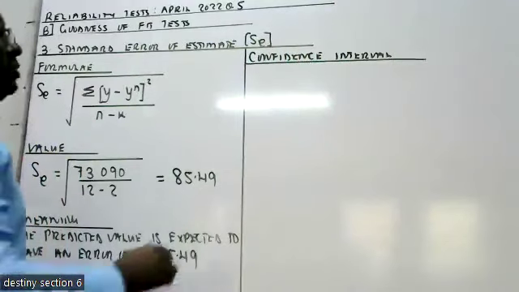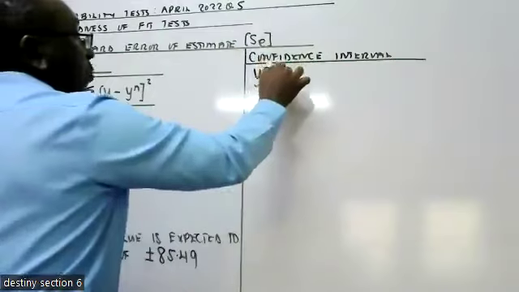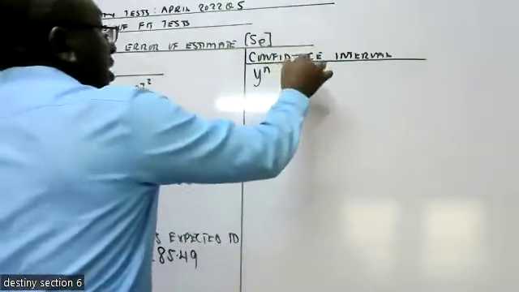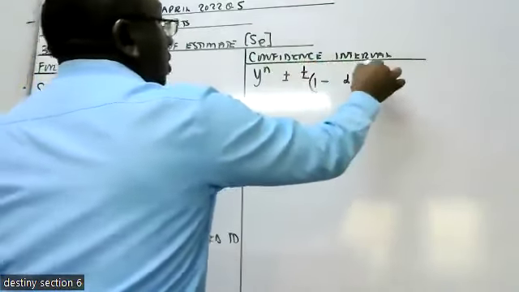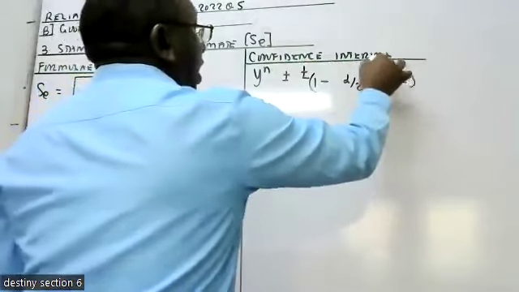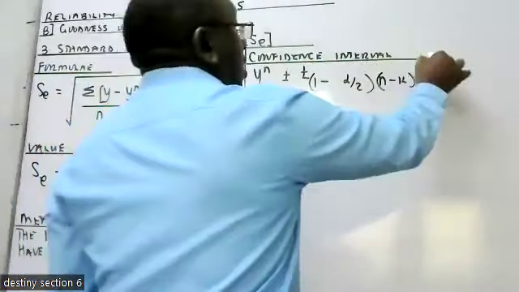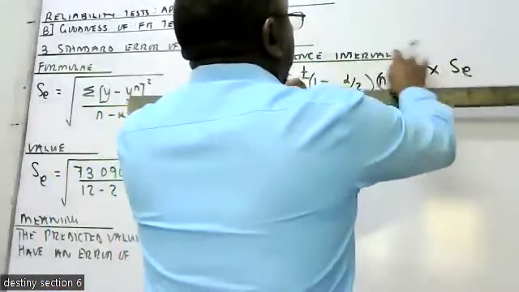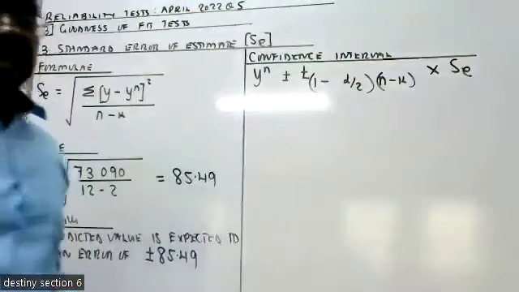So the interval estimate is given as Y predicted plus or minus T of 1 minus alpha over 2, N minus K, multiplied by SE.